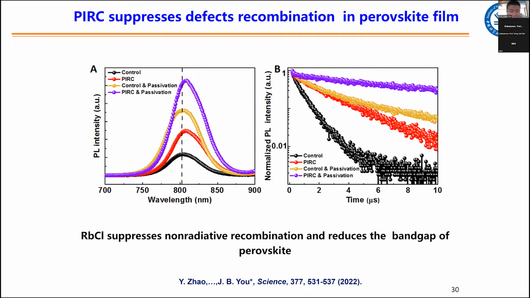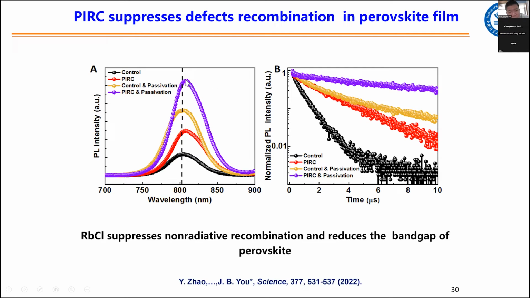Or maybe, because this is an alloy, the PbI2 and the perovskite form a type 1 band alignment. There's some strong confinement at the grain boundary, so this led to the band gap enlargement. However, if we reduce the PbI2, this confinement will be reduced and the band gap will be reduced.